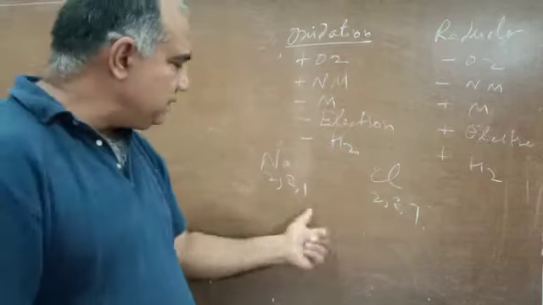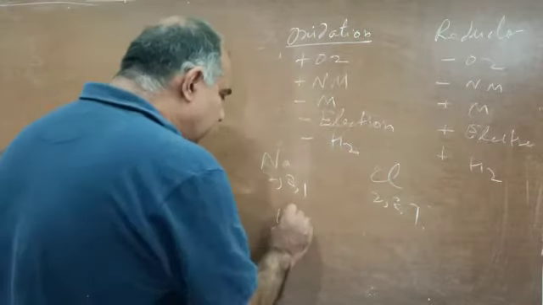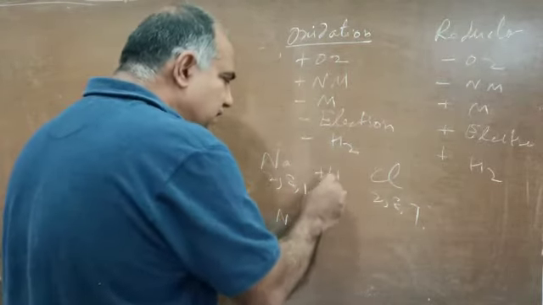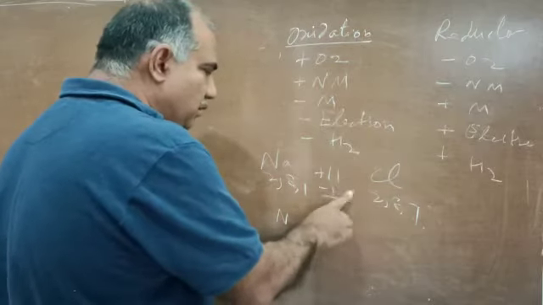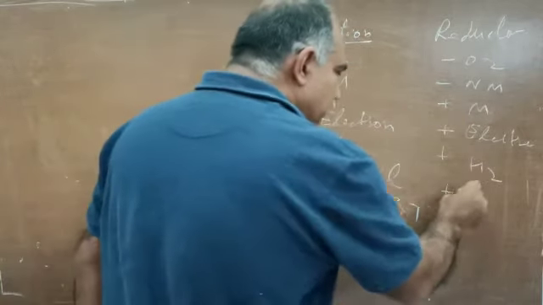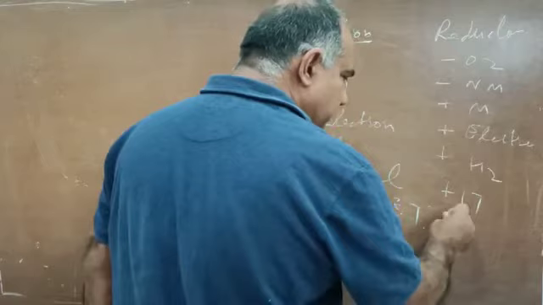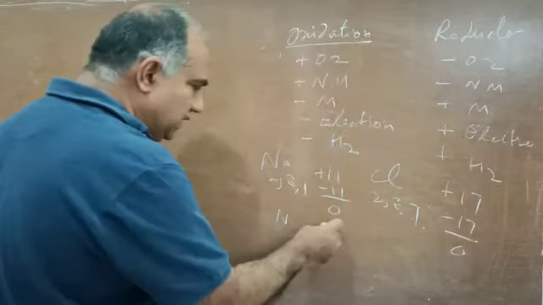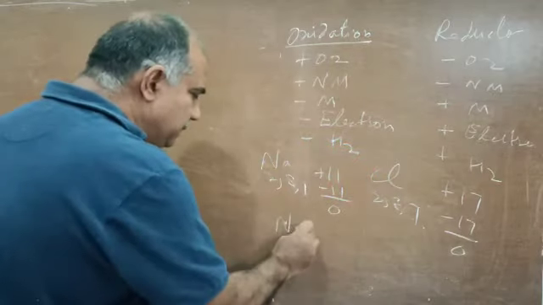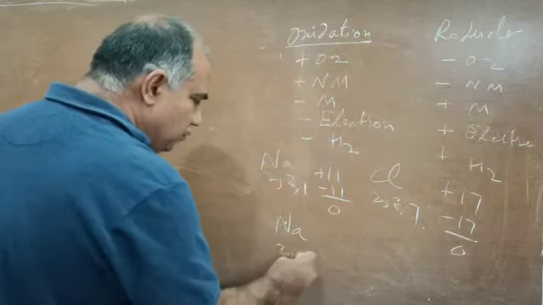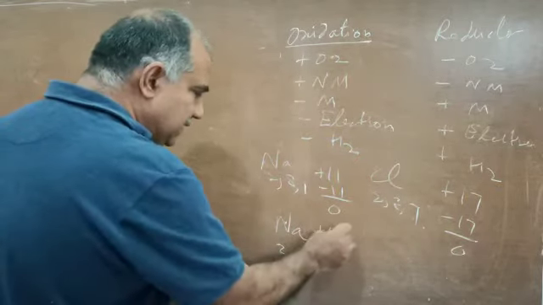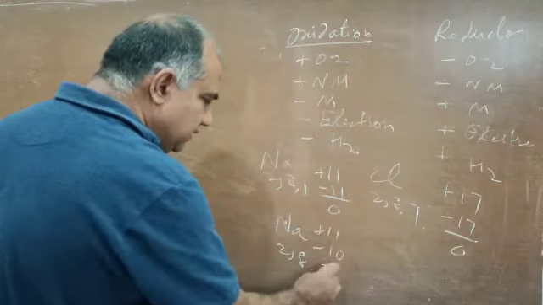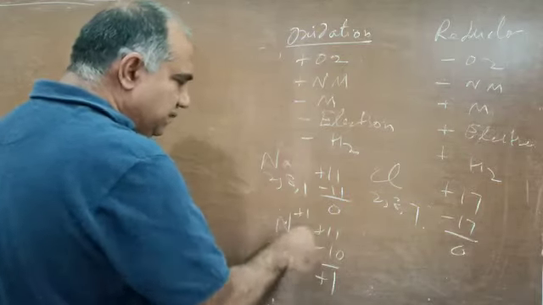So this will gain, this will lose, so this will become Na plus. Time and again we have told why they have plus 17 because of protons, minus 17 electrons, overall charge 0, and overall charge 0 here also. But when it becomes Na, 2 and 8, so plus 11, minus 10, so plus 1 charge will appear here.